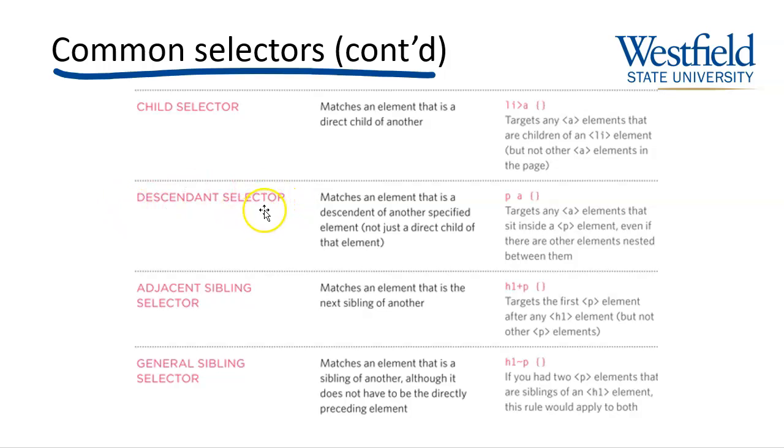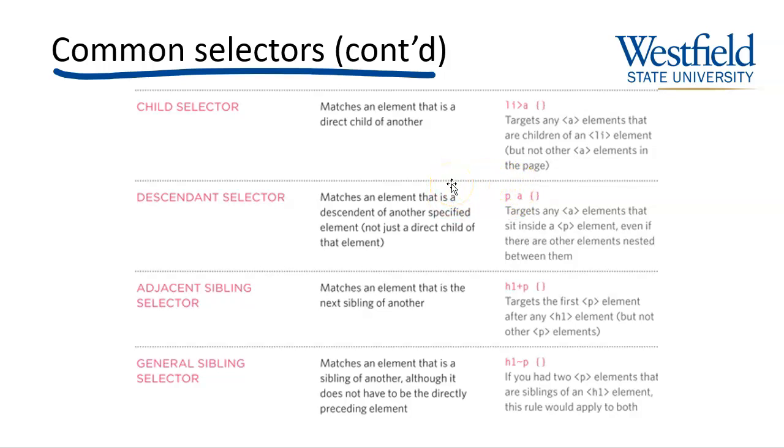And in this case, it will pick up all children, all grandchildren, and great-grandchildren that happen to match. So for example, this one, any anchor element that is a descendant of this paragraph element will be matching this selector.